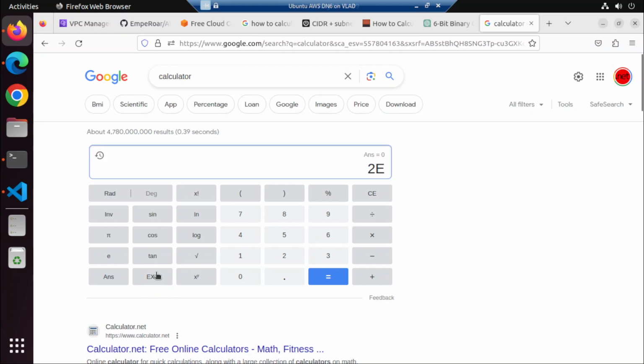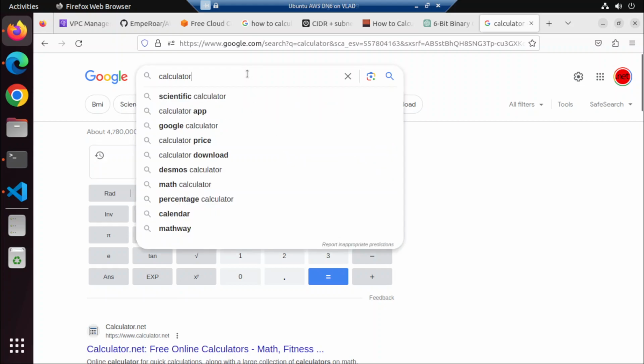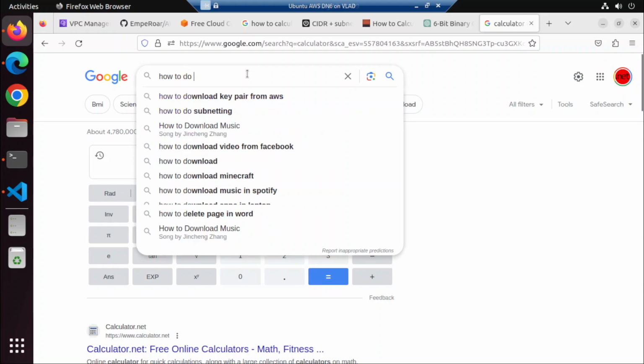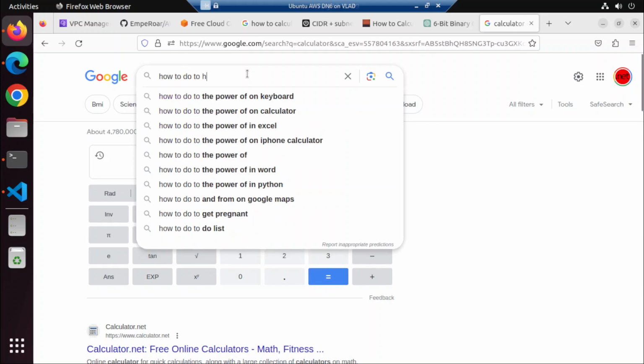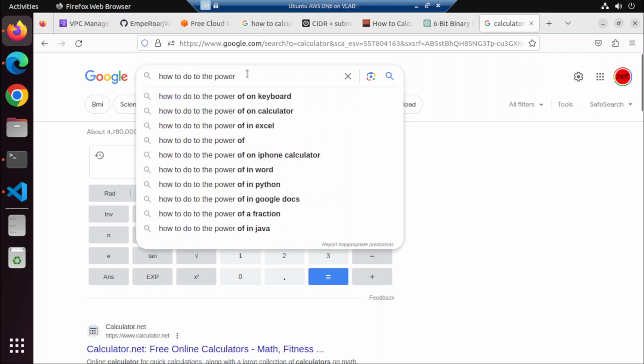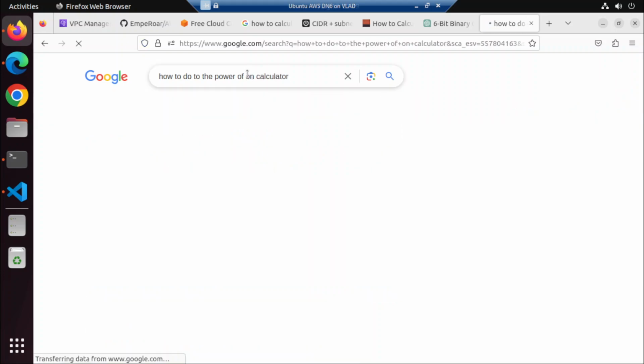Is this one? 2 to the power of 6? No, that's that one. How to do to the power on the calculator.